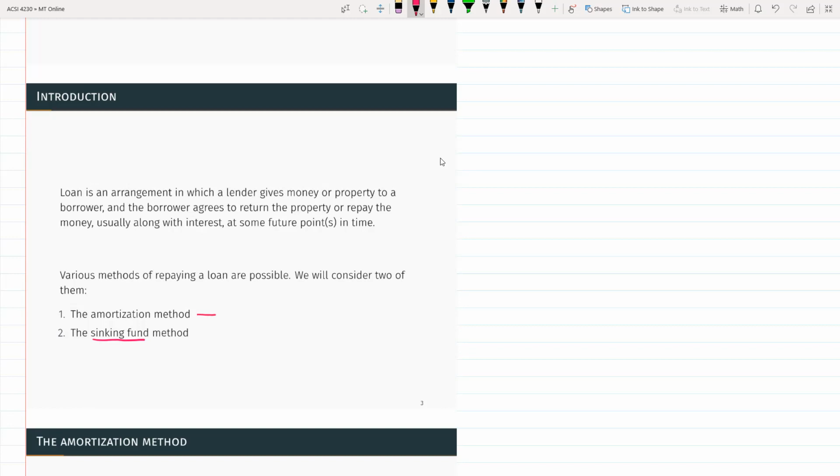So under the amortization method, your payment constitutes two parts, basically principal and interest. The idea is your payment is bigger than the interest.